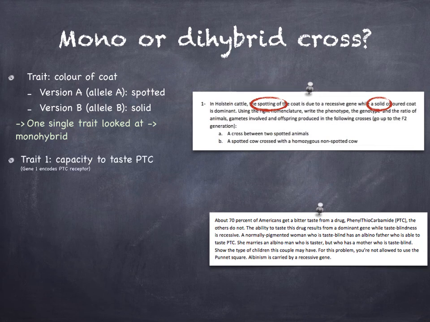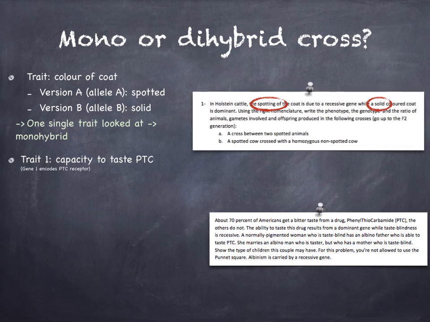If you look at the problem down here, then you look at the question. So we say that 70% of American people get a bitter taste from a certain drug, the PTC, while others do not. So the first trait we look at is the capacity to taste PTC.